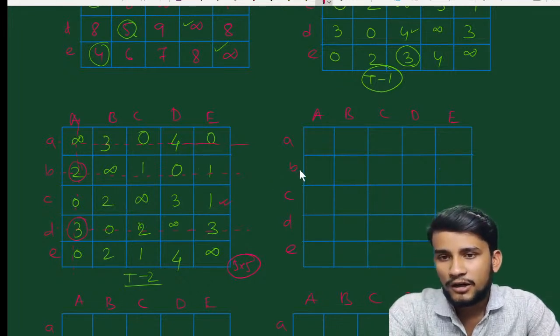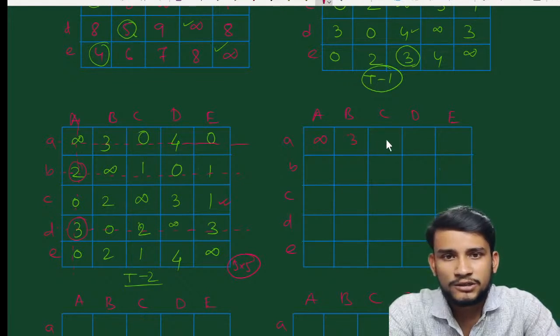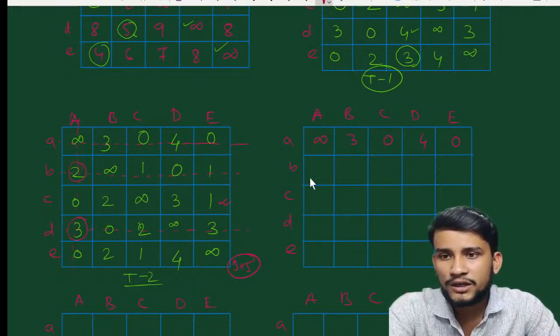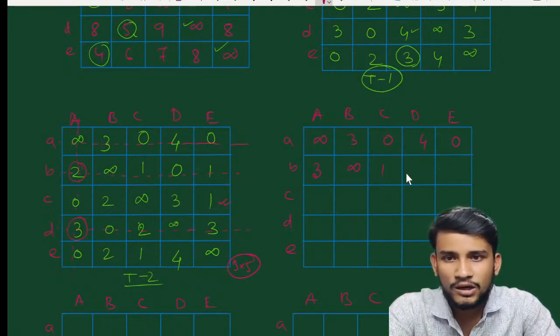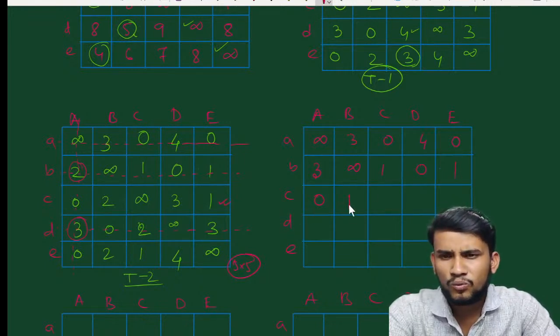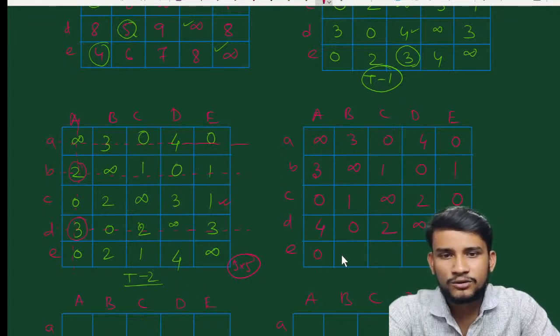Okay, uncovered element. Okay, so here infinity 3 0 4, then 4 0, then 3 infinity 1 0 1, then 0 1 infinity 2 0, then 3 4 0 2 infinity 3, and this 0 1.